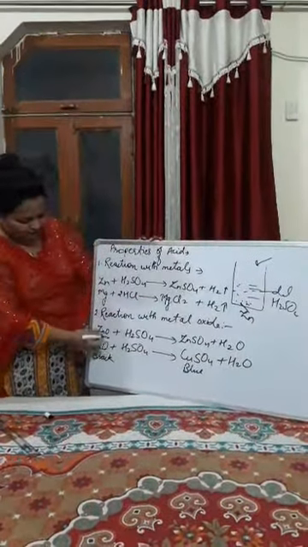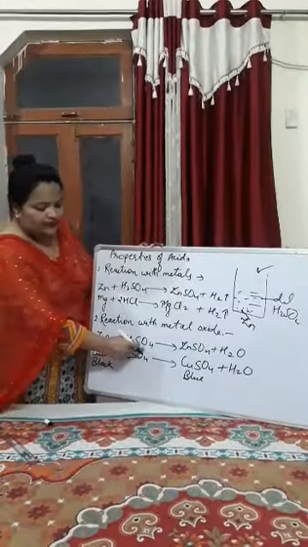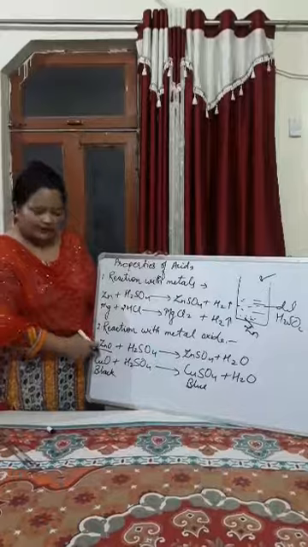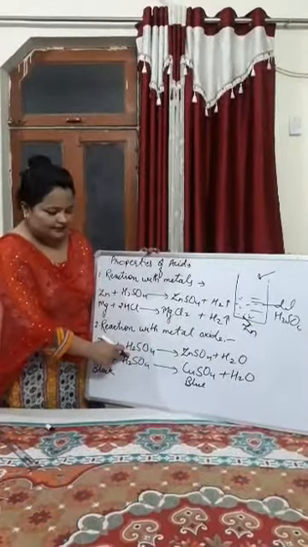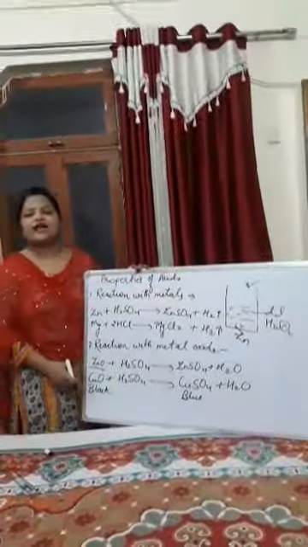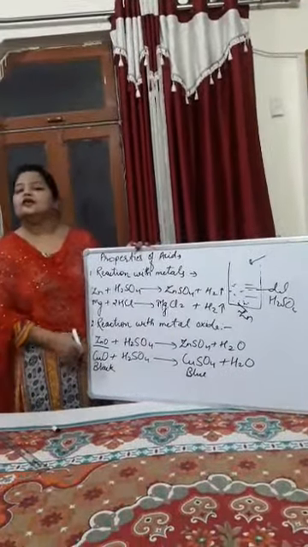For example, when zinc oxide reacts with dilute sulfuric acid, it forms a metallic salt and water. And this reaction is a neutralization reaction.